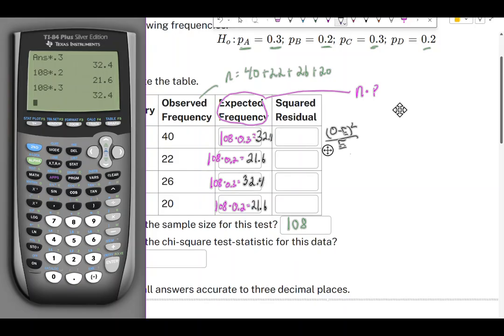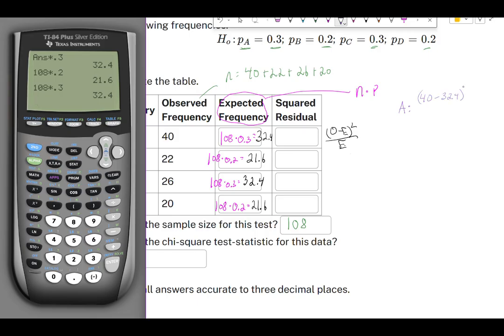So for A, we're going to do 40 minus 32.4, squared, over 32.4. For B, we're going to do 22 minus 21.6, squared, over 21.6.